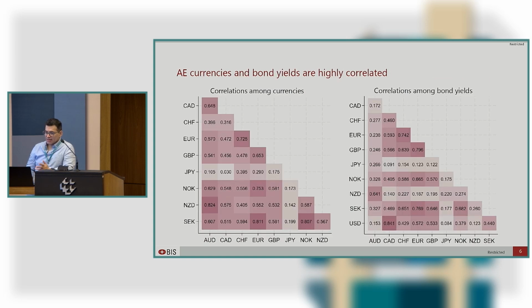On the one hand, there is indeed important cross-sectional dependence in the data. If you look at the correlations of daily changes in currencies, and these are the correlations among the levels, so just the levels of currencies and the correlations among the bond yields in levels, you see that there are important correlations between, for example, the currency in Australia and New Zealand.